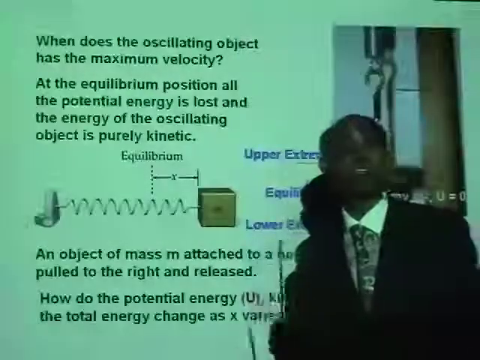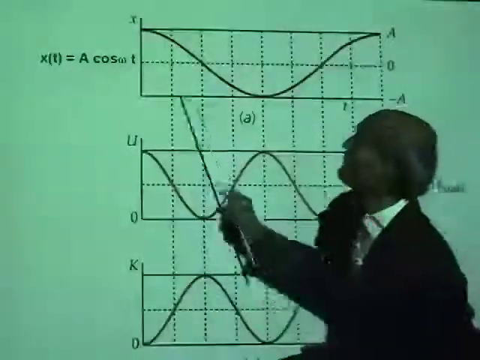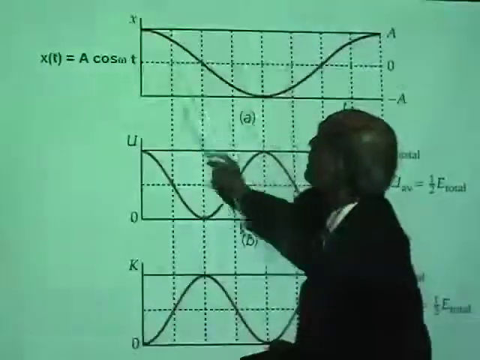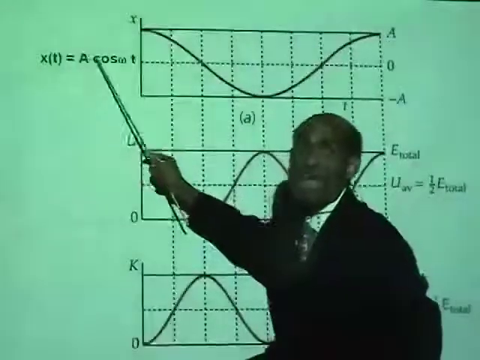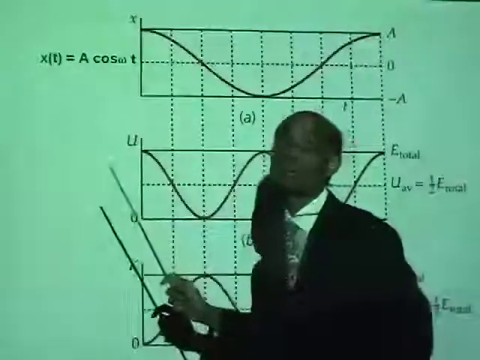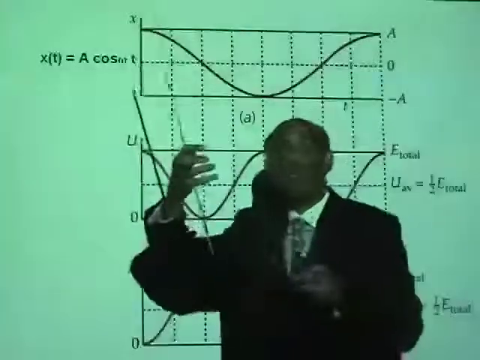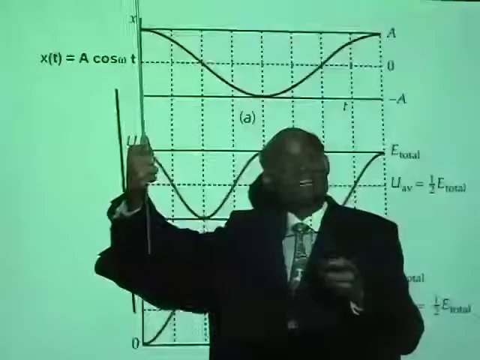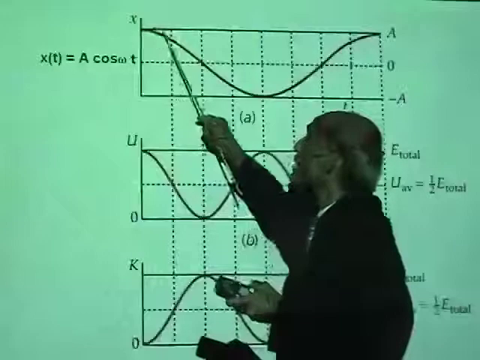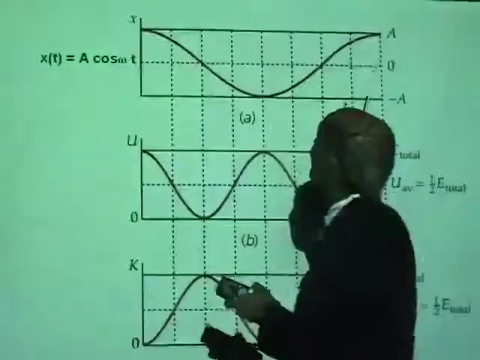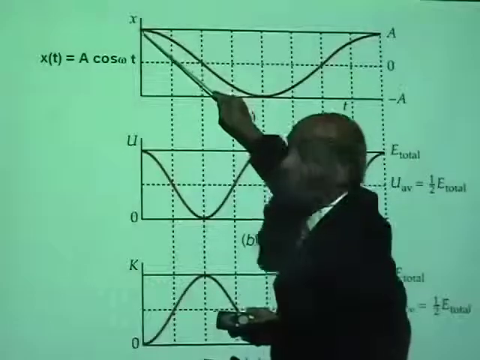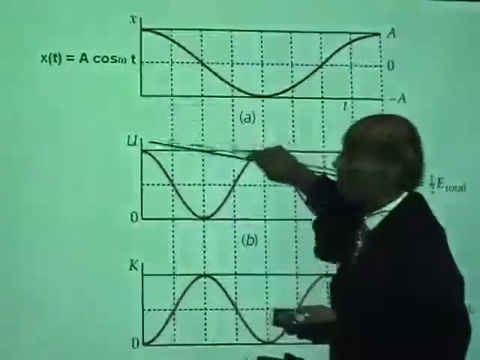Let's represent these graphically. Now look at this. This represents the variation of x, x equal to A cos omega t. It means at t equal to 0, the object is at the right extreme. That's why we use the cosine function. This is a cosine graph. When x is maximum, look at the potential energy.